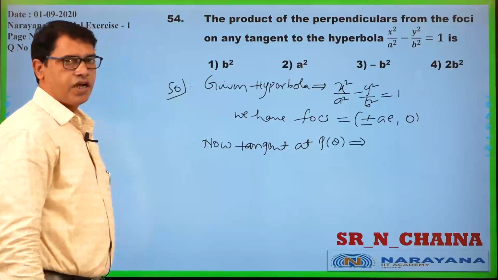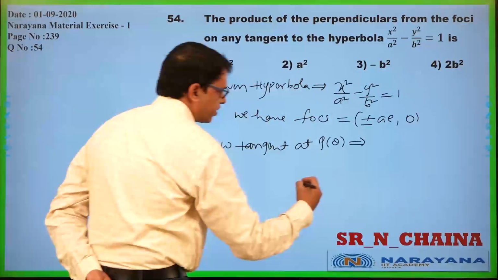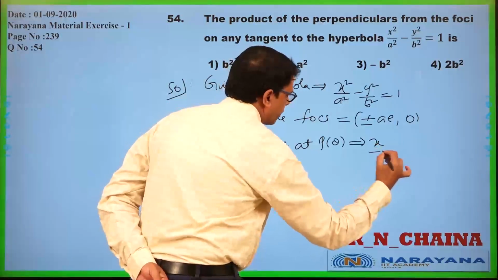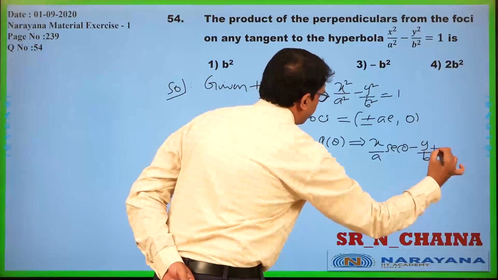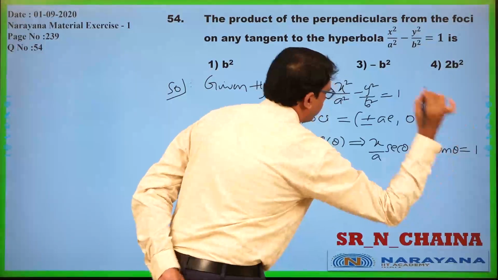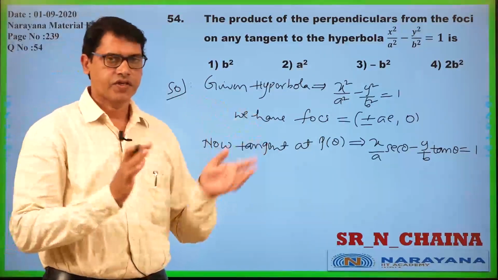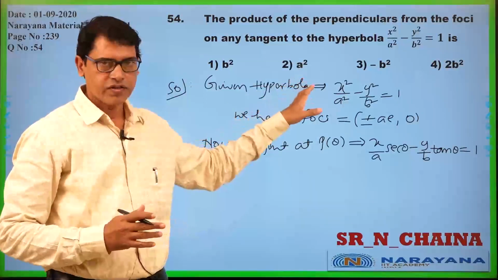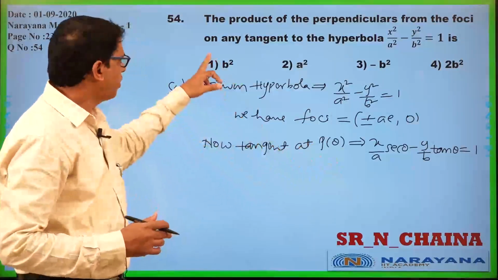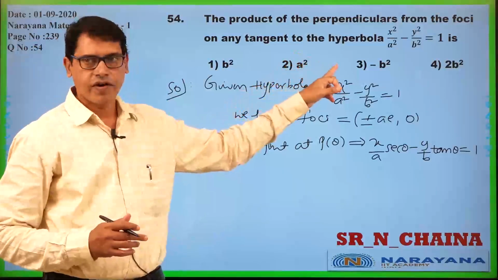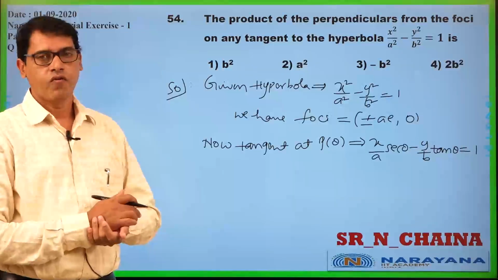So the tangent at P of theta implies x by a secant theta minus y by b tan theta equals 1. I have just written the given data, that's it. First, the hyperbola is given, then the foci are required, I have written the foci, then what else? Any tangent is required, I have written the equation of the tangent. Now, go through the question, what to do.